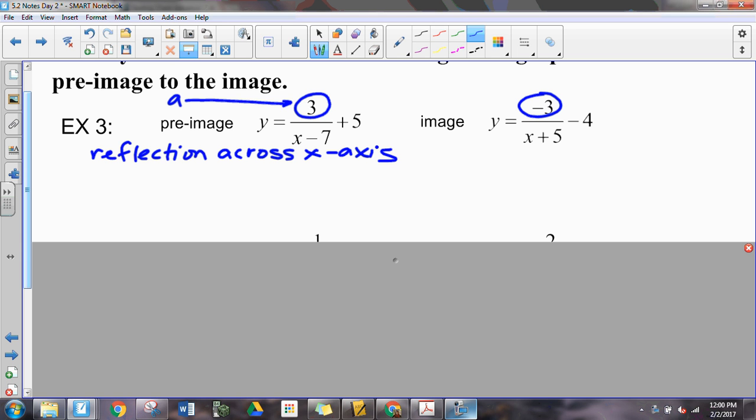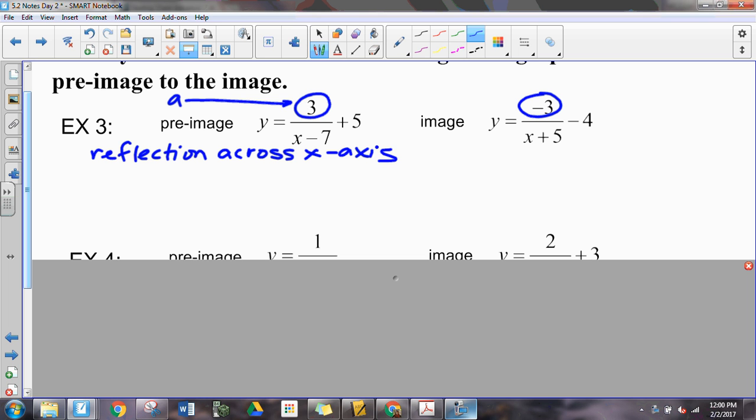So now we just have to go from the pre-image to the image. So I'm going to sketch out a graph. And this x minus 7, that has told us that we have moved right 7 from the parent function of 3 over x.